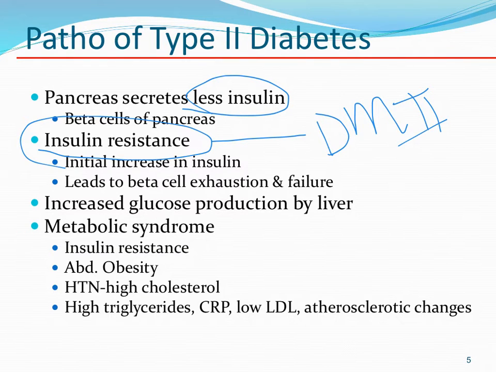There are also issues of inappropriate production of glucose by the liver, and then people develop what we call metabolic syndrome, which is a conglomeration of symptoms that lead to type 2 diabetes.